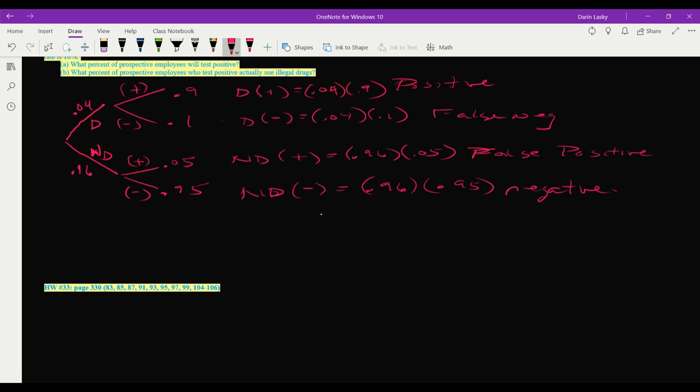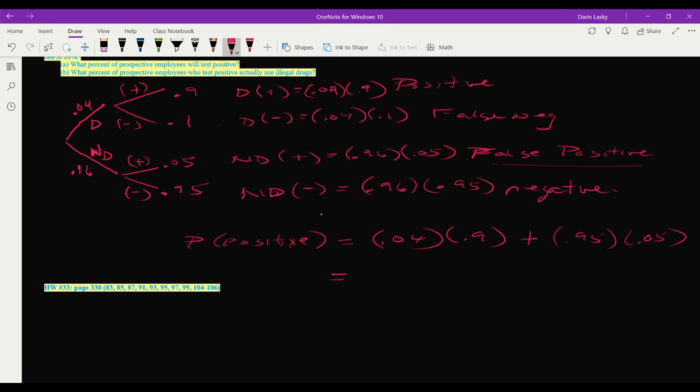To test positive is going to be the top one, 0.04 times 0.9, plus the false positive, which is 0.96 times 0.05.